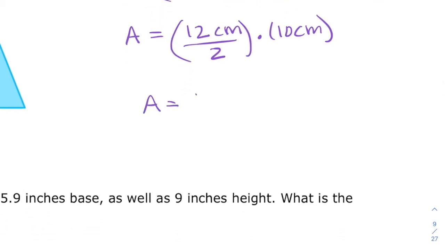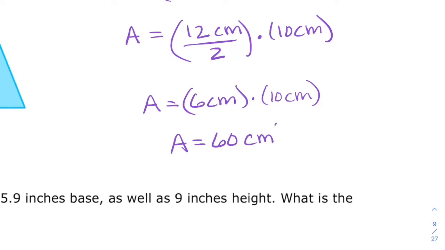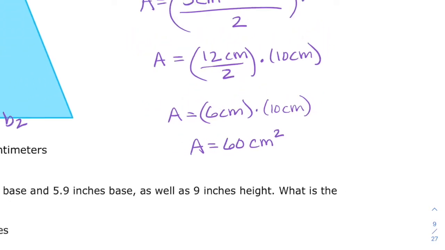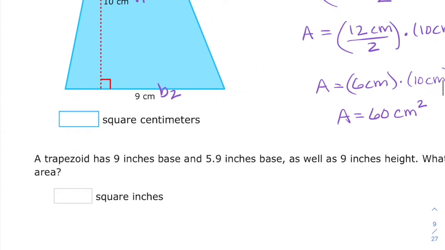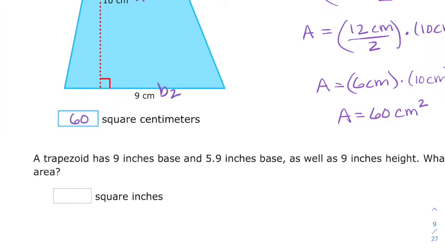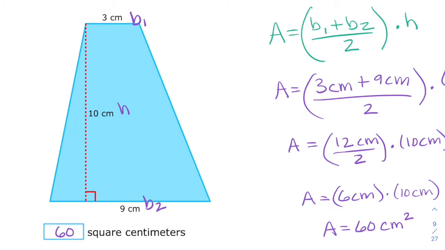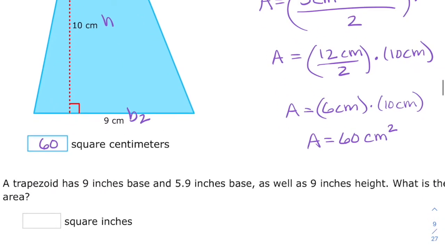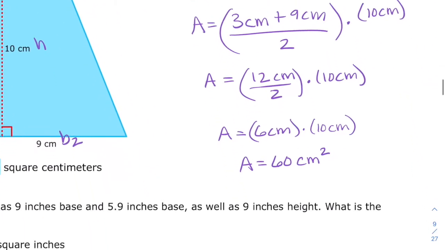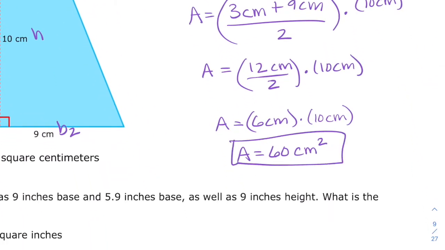So area equals 6 centimeters times 10 centimeters. So area equals 60 centimeters squared. All right, and that's it for that one. Let me just put the final answer in a box.